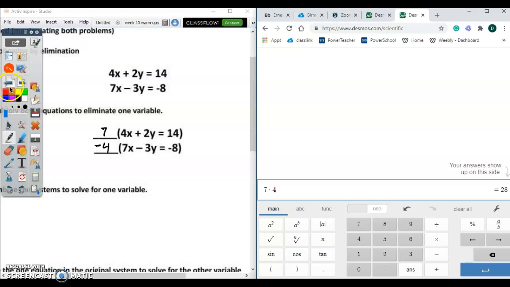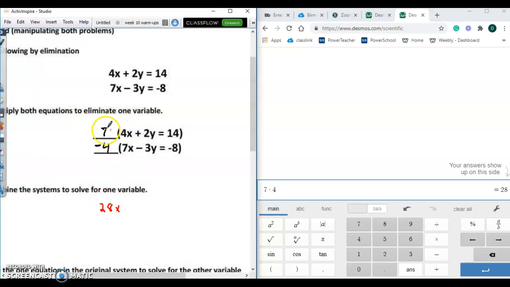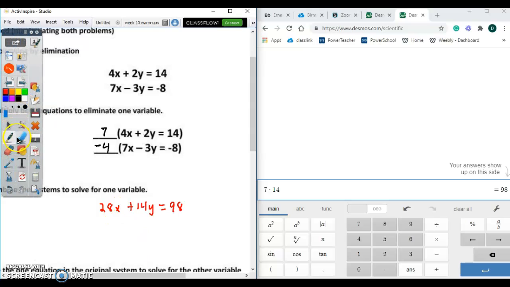So this would be, I'm going to do this one in red, 28x, 7 times 2, 14, plus 14y equals 7 times 14. That's a big one. 98. Now I just basically multiplied that 7 by each one, increased it by a factor of 7.